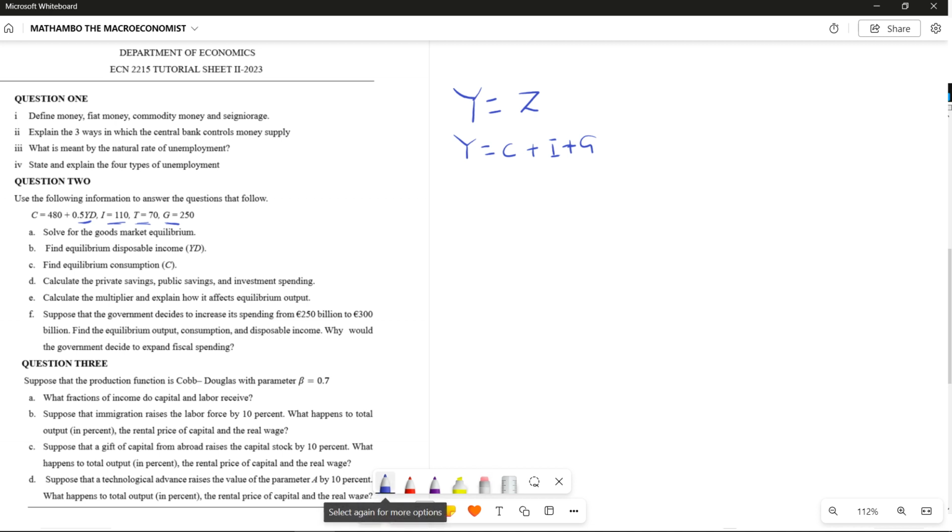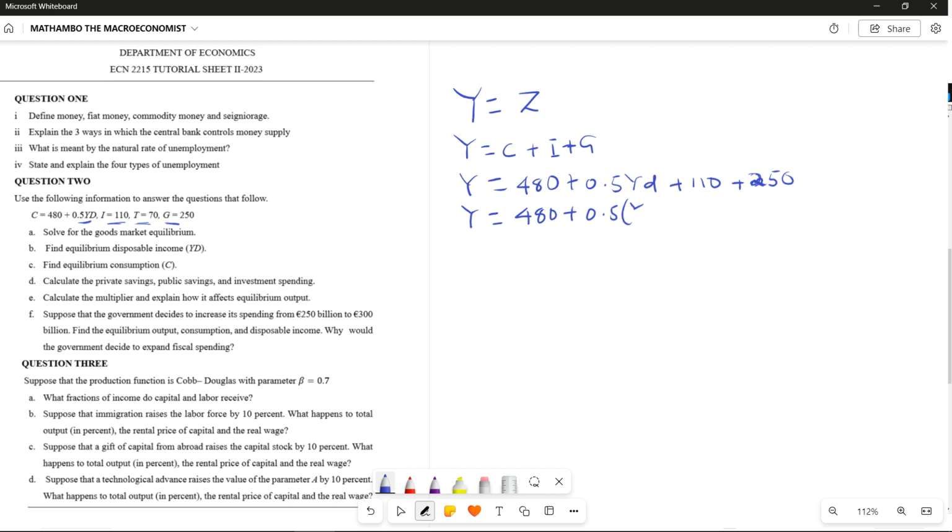Yes, we can, because we know that our Y is equal to C, and our consumption has been given to equal 480 plus 50% of disposable income, which is 0.5 YD. Then we've got investment, which is equal to 110, and government expenditure, which is equal to 250. So therefore our Y is equal to 480, where the 480 is our autonomous consumption, plus 0.5 YD, and this YD is Y minus T, tax.